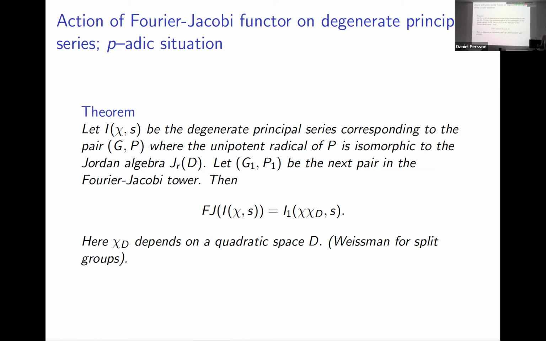Actually, I don't know. Are you talking about his papers with Dvorsky? No, by him alone. Okay, so actually I don't know if he used the Fourier-Jacobi functor or described this in some other way. We use the Fourier-Jacobi functor to have an elegant way to describe how this representation reduces. I'm not sure how he did it at the Archimedean place.